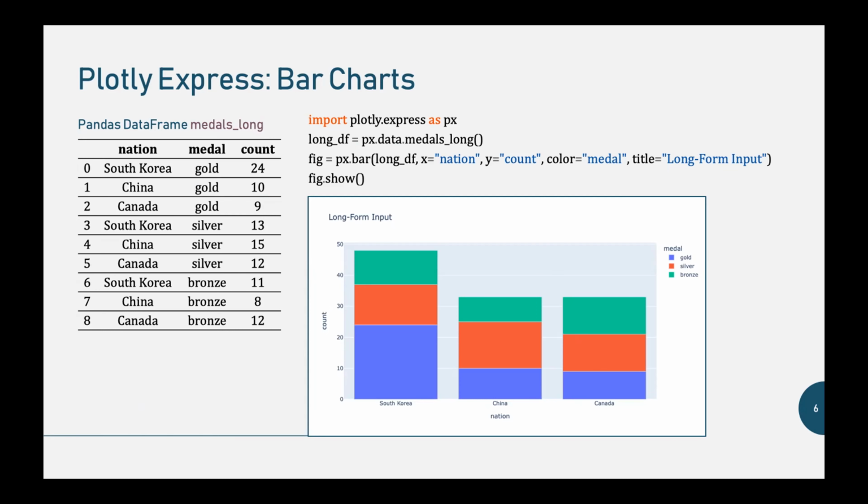Of course, by having this data frame, you can create other types of graphs too. This is just an example with stacked bar charts where you can divide the data according to the nation, then the count and the medal. But it's a pretty straightforward command you can use for visualizing different kinds of data.